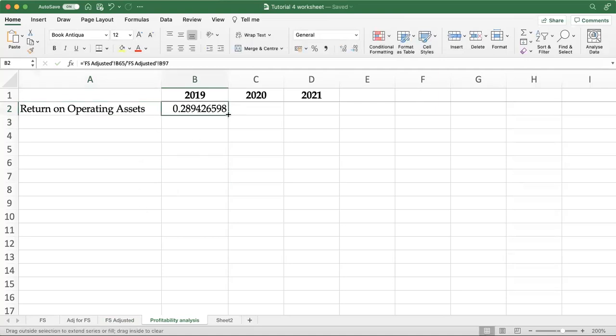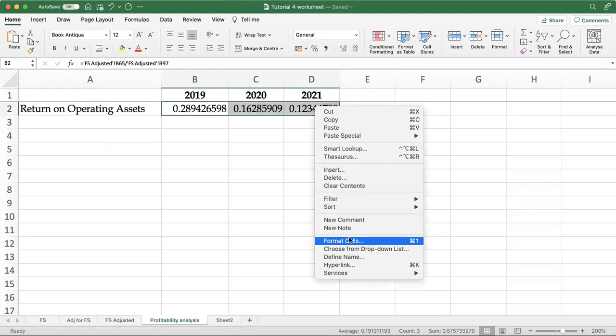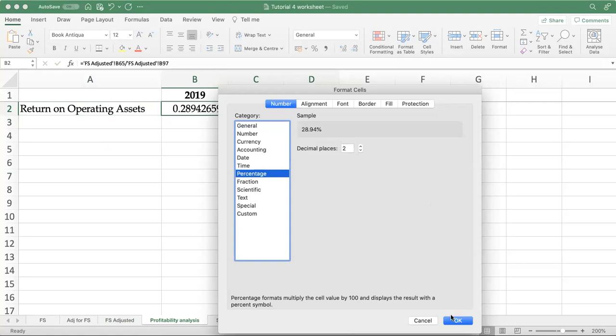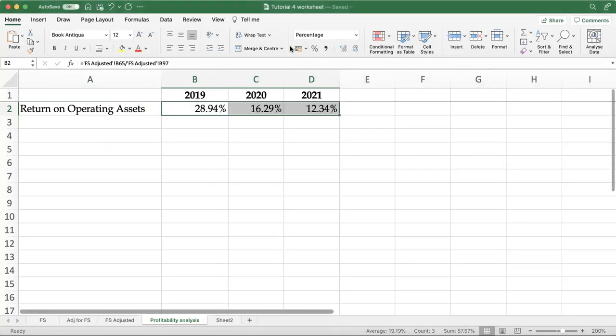Then you can drag these to the rest of the cells. So you can make these percentages. Under formatting, percentage. So you can take up to 2 decimals.